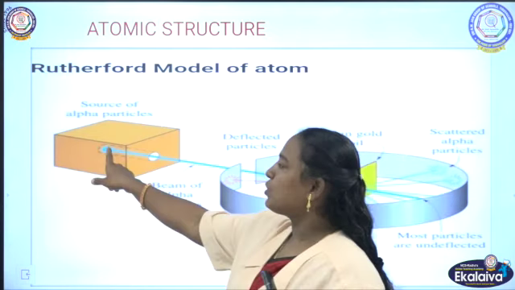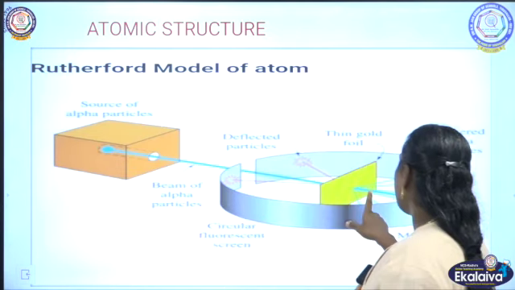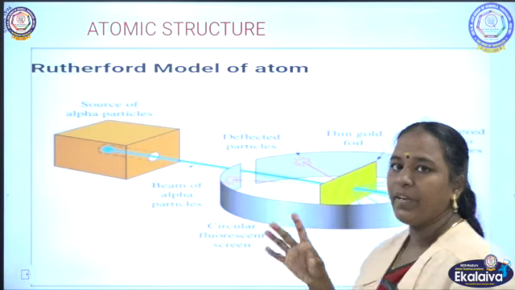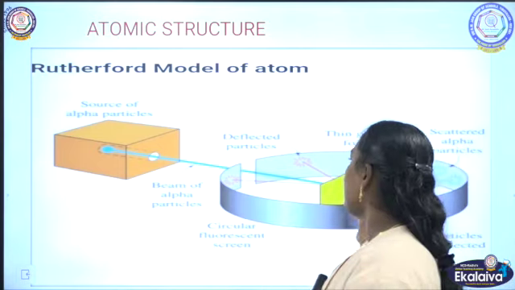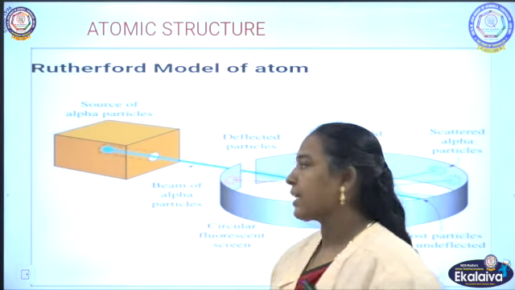When the alpha particles pass through, you can see some rays go straight, some are slightly deflected, and some bounce completely back.